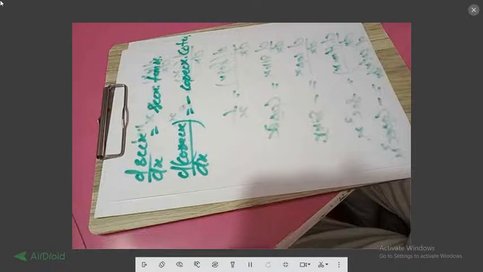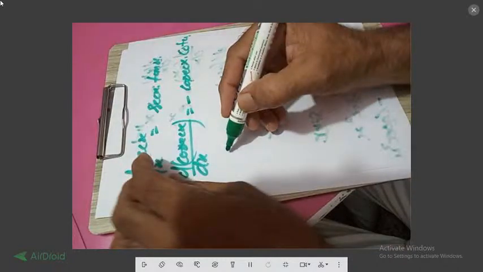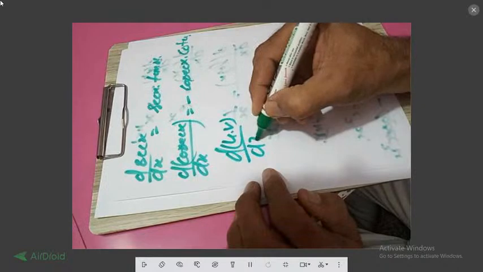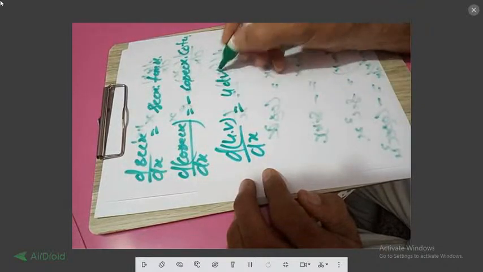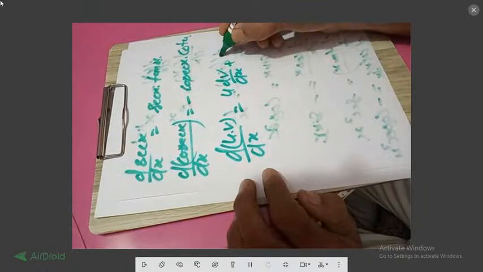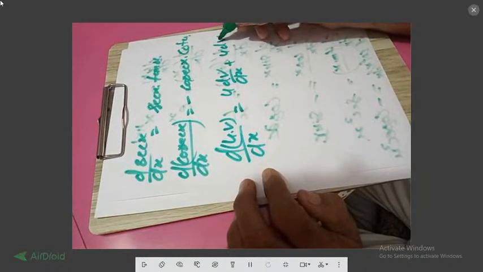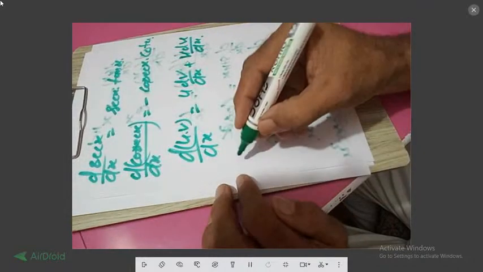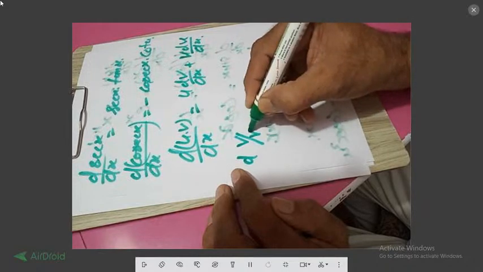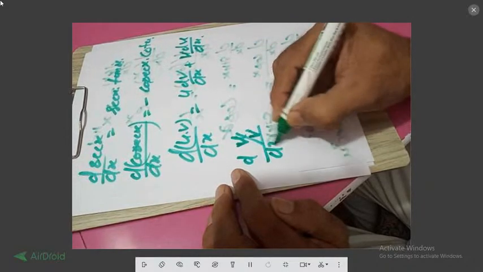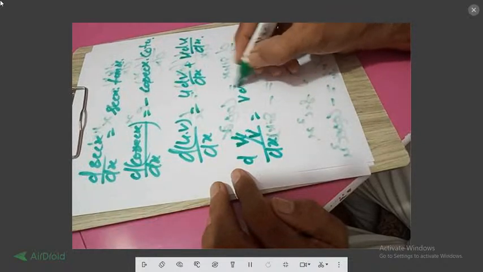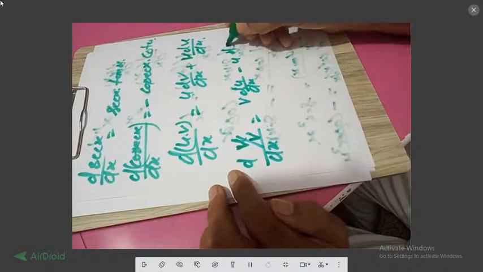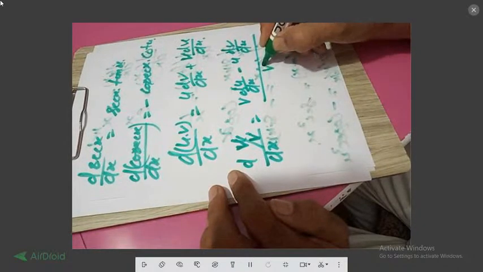Yesterday we told that the differentiation of u into v is equal to u into dv by dx plus v into du by dx, and differentiation of u oblique v is equal to v into du by dx minus u into dv by dx oblique v square.